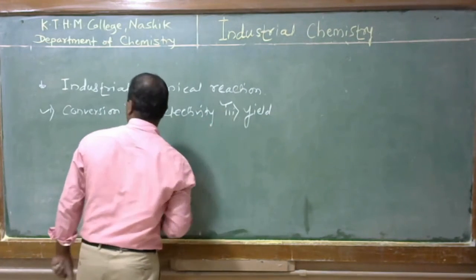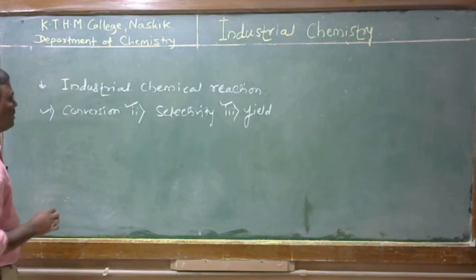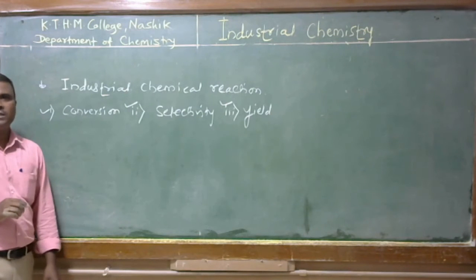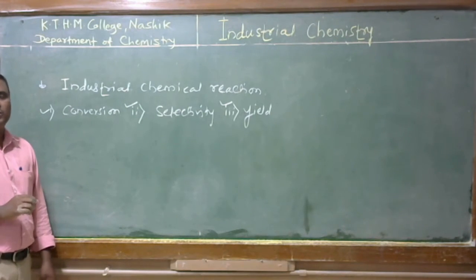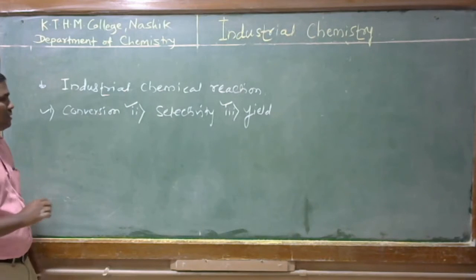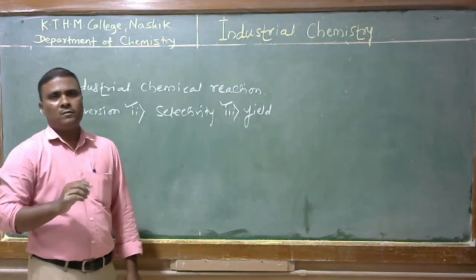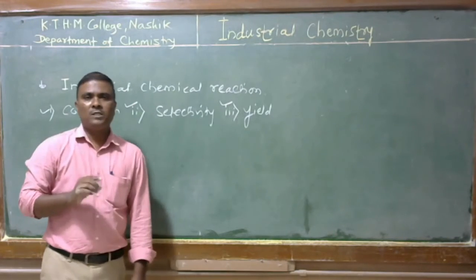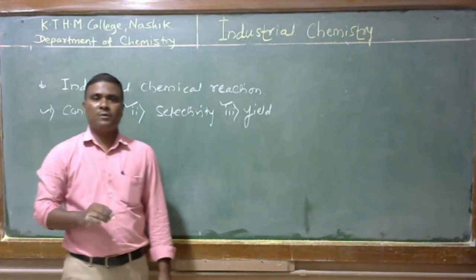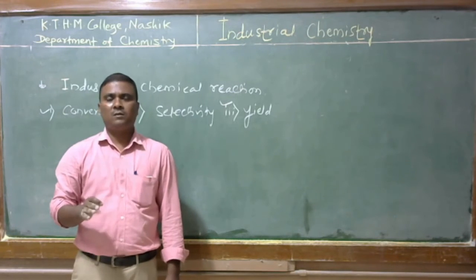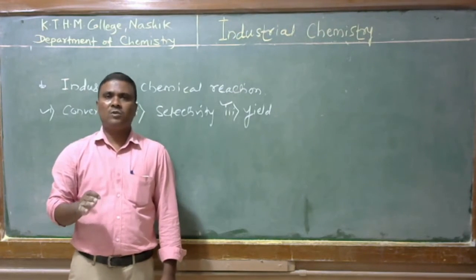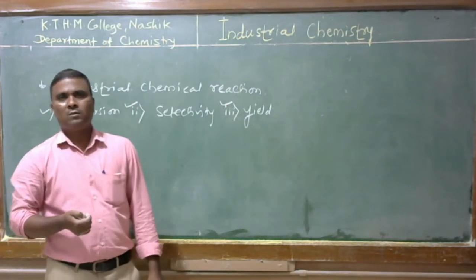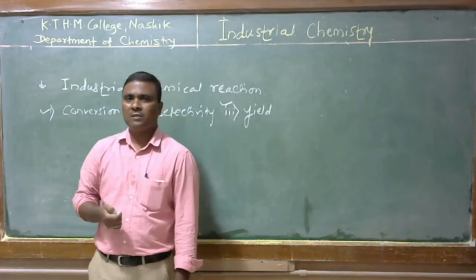These 3 points, conversion, selectivity and yield, are very important because, as I told you in my previous lecture, industry is more concerned about the feasibility and profitability of the reaction because they are interested in working on a commercialization scale.